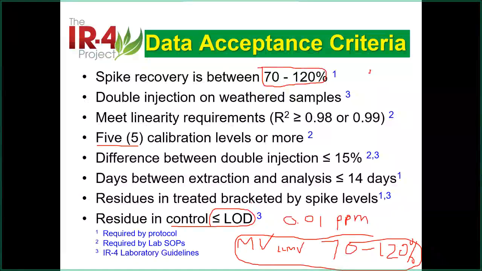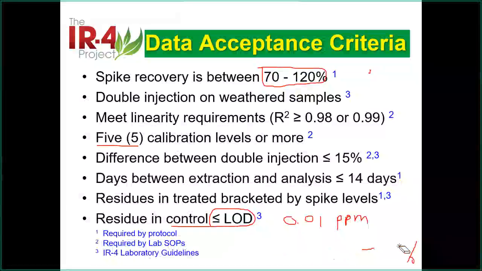When you spike a low level, sometimes the field, for some reason, was already sprayed with this pesticide, and it always stays there. We do know that because of the LOD calculation.